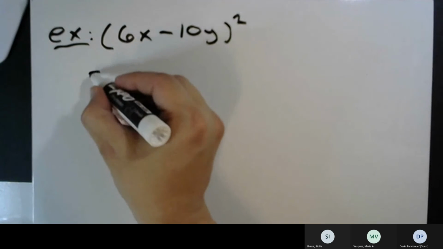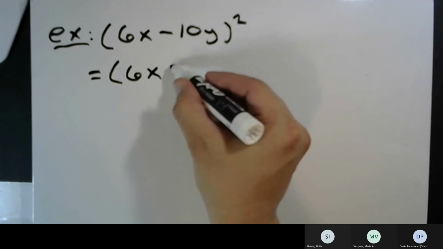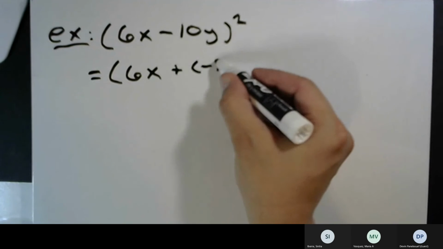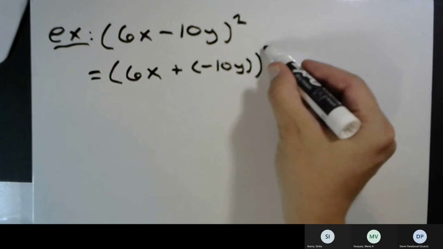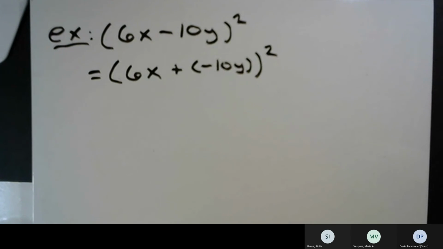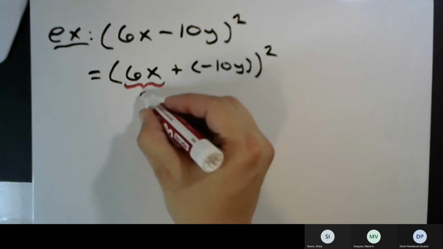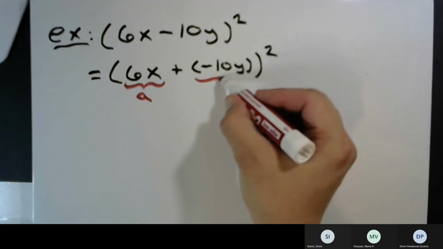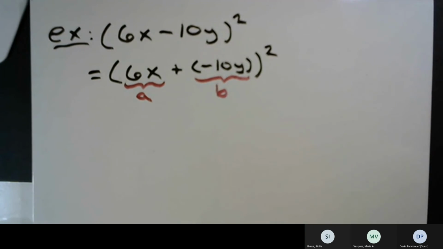The key to this problem is rewrite the minus as adding a negative. So that's our A and that's our B.